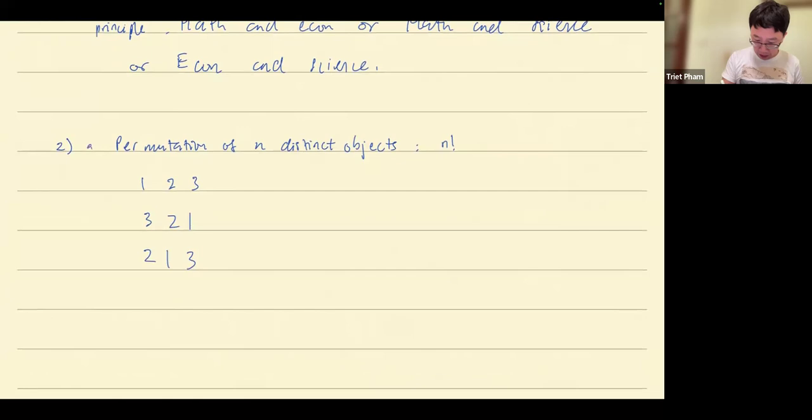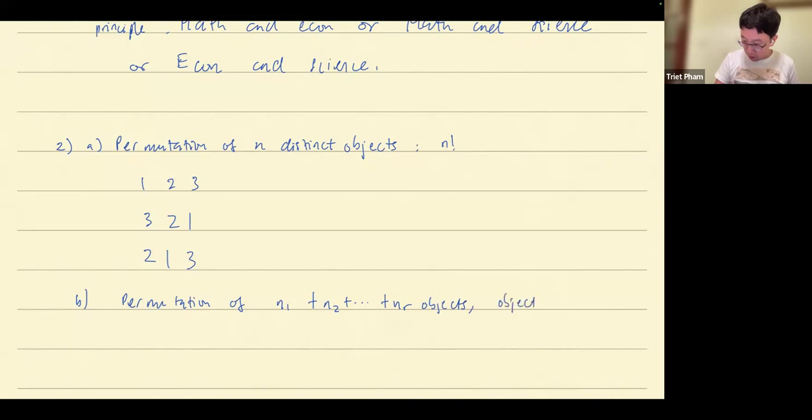Now that's 2A. 2B is permutation of, let's say, n1 plus n2 plus nr objects, where objects within each group are identical.